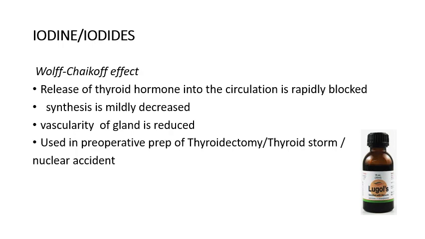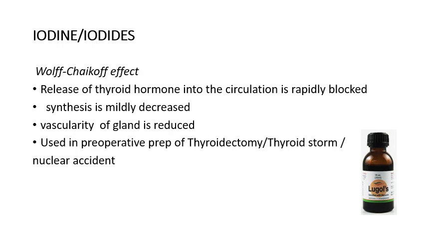Another important action is that it reduces the vascularity of the thyroid gland. Iodide drastically reduces the vascularity and causes the thyroid gland to become firm. This property is used during thyroidectomy.